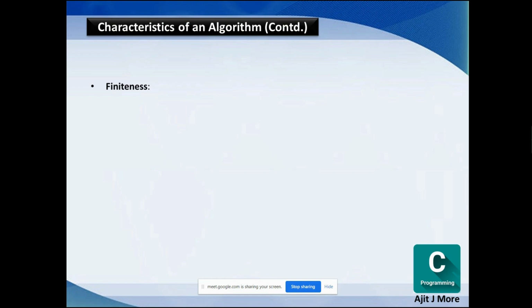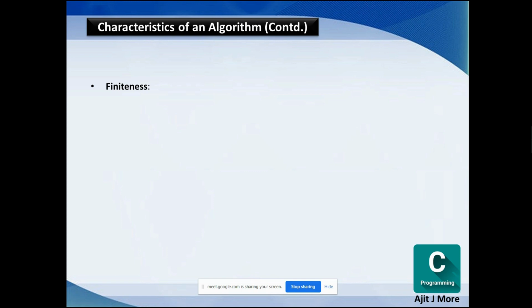Then the next characteristic, that is finiteness. Okay, now what do you mean by finiteness? So finiteness says that whatever sequence of steps you have written, they should eventually, after some time, let it take some time, okay, but after some time it should halt or it should terminate. Getting?